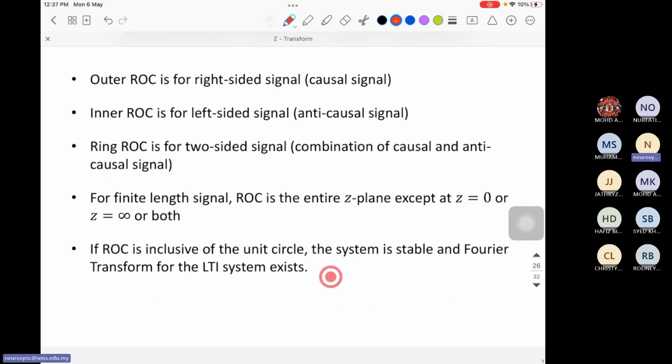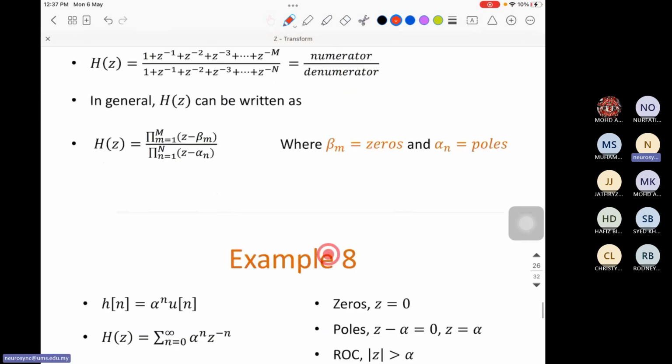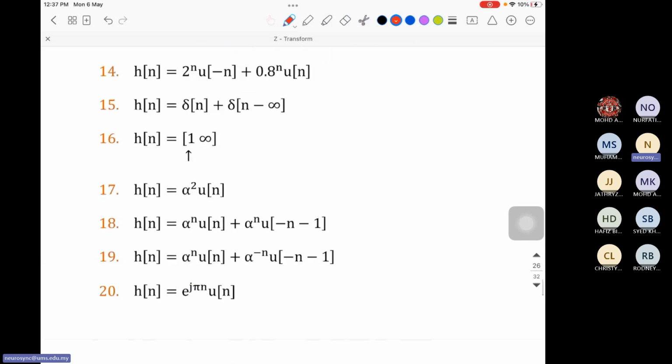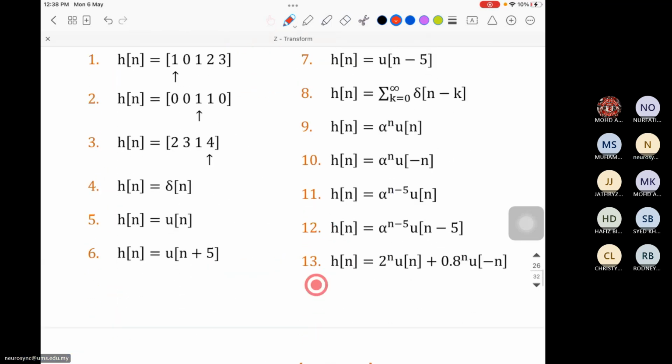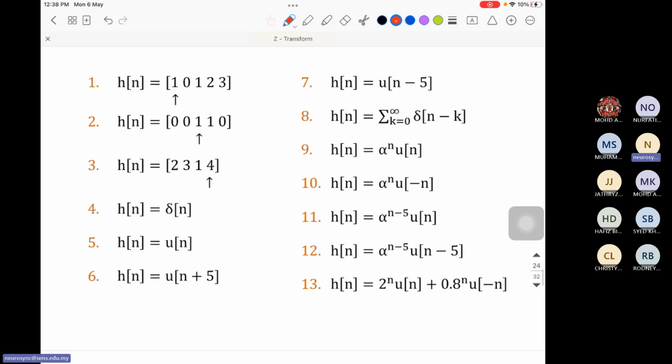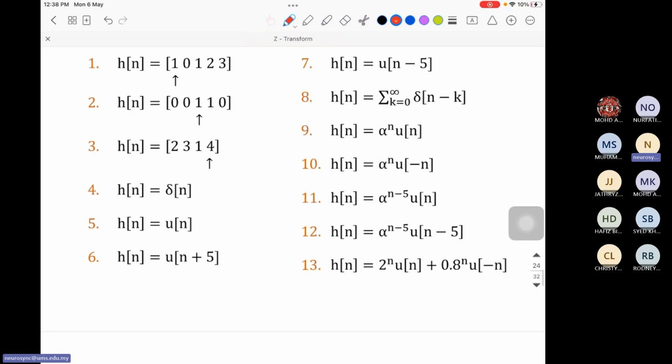So this we will do tomorrow, the stability part in the tutorial. Please practice these examples at home. I will share this PPT.